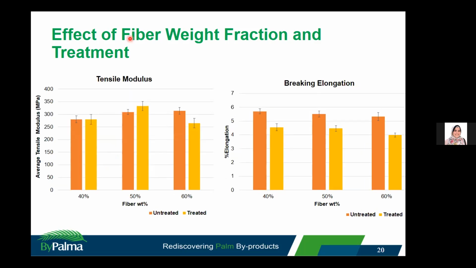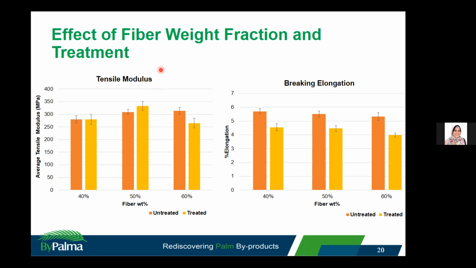Now for the tensile modulus results, we can say that increasing the fiber weight fraction increased the tensile modulus up to 60%, and here we can see that the stiffening effect is increased. For the treated samples, we can say that 50% was the optimum.